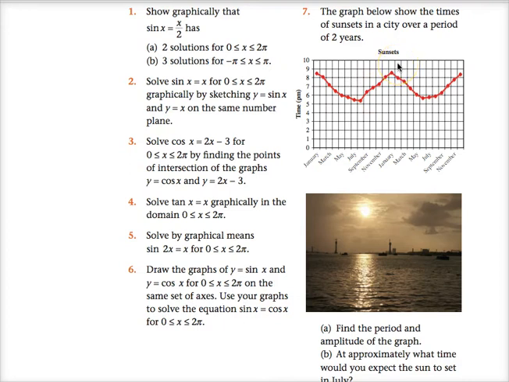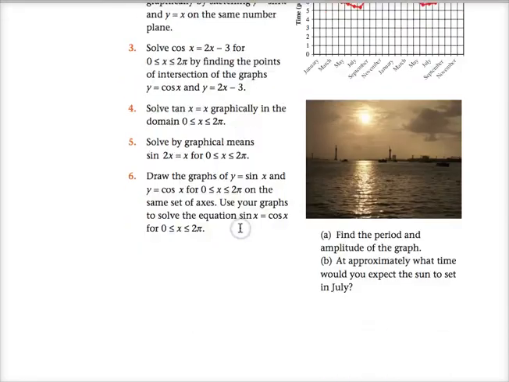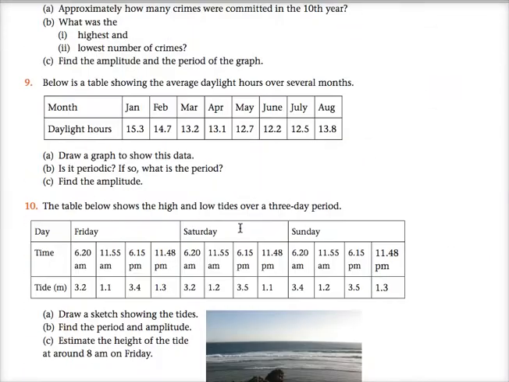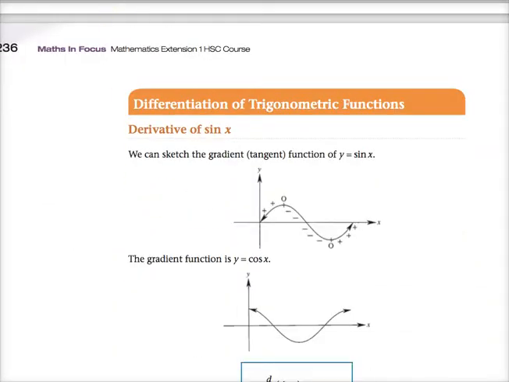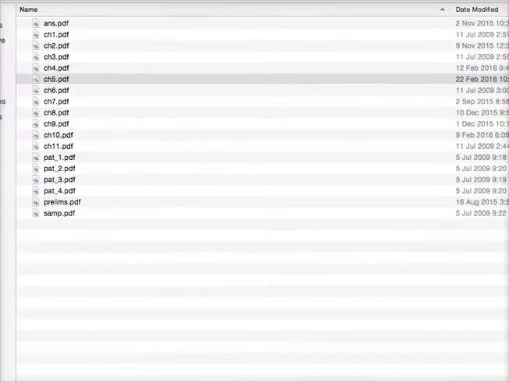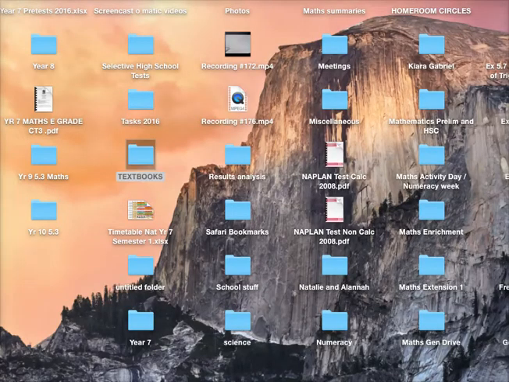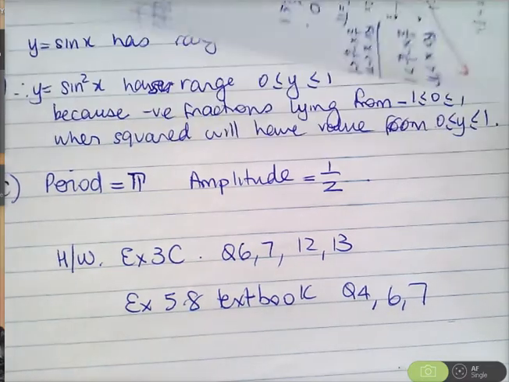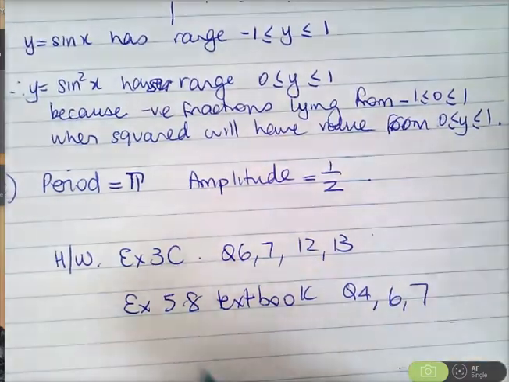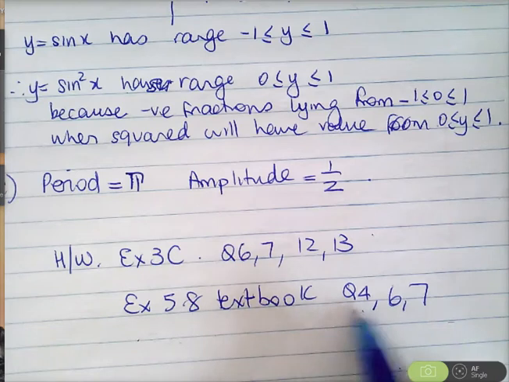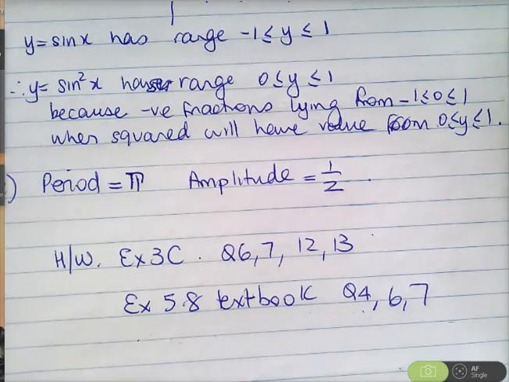So exercise 5.8, question 4, question 6 and question 7. The rest you don't need to do. So as I said, exercise 3C, those questions, and exercise 5.8 from the textbook, questions 4, 6 and 7.